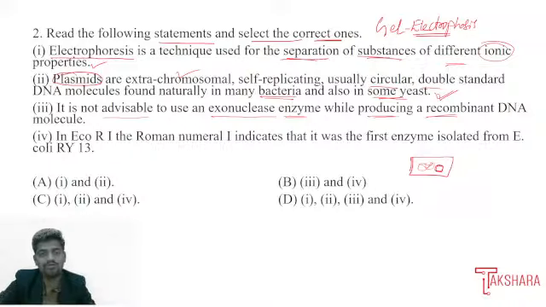With exonuclease enzymes we get a blunt end, not a sticky end. A sticky end is a perfect match and can fit the foreign DNA used in the rDNA.